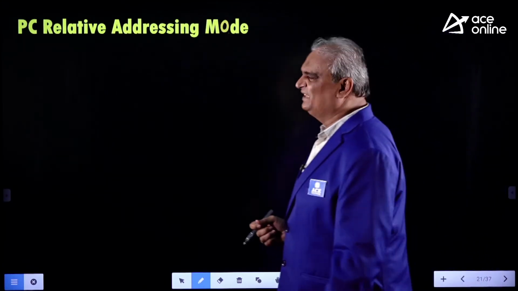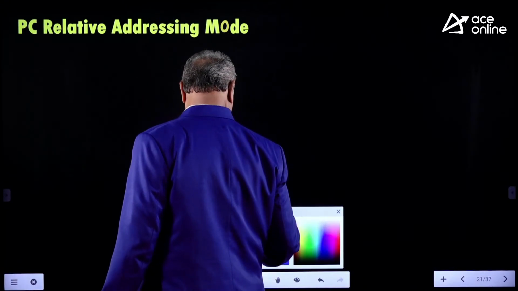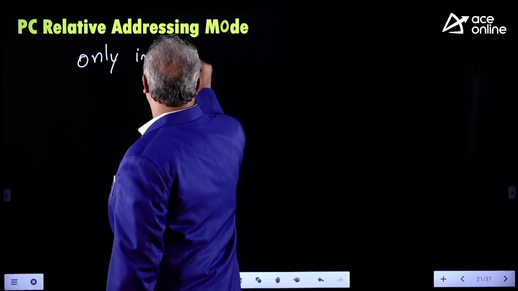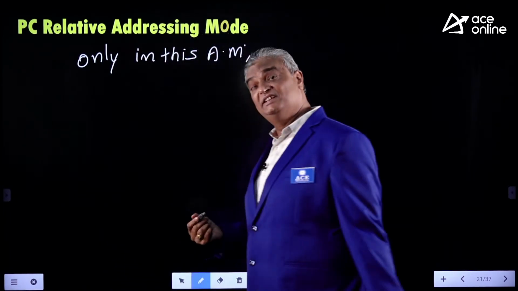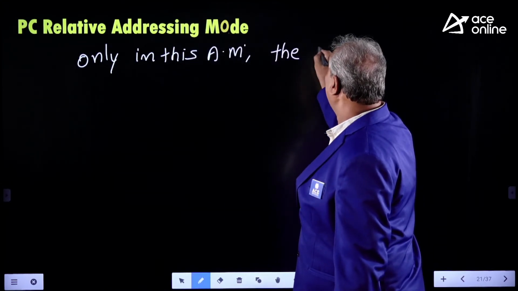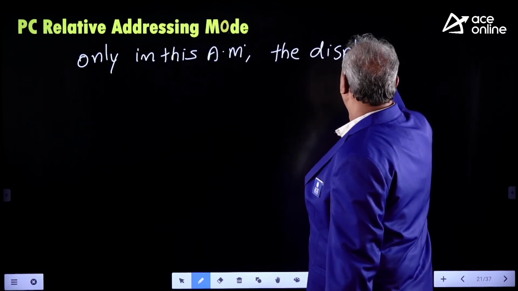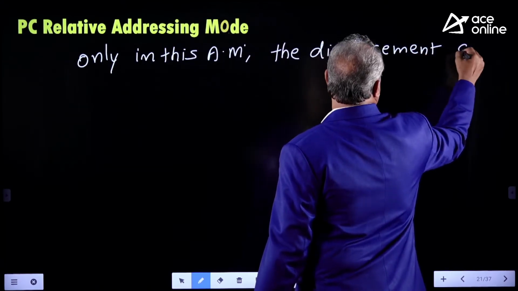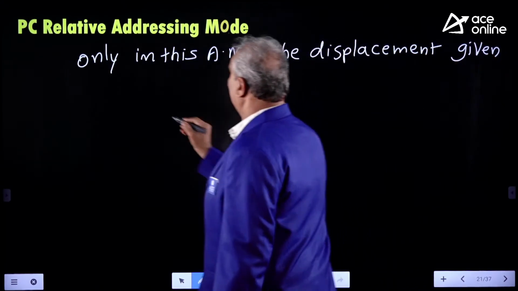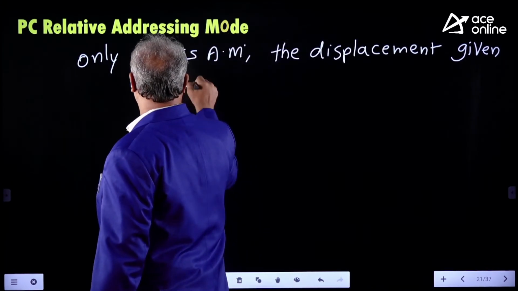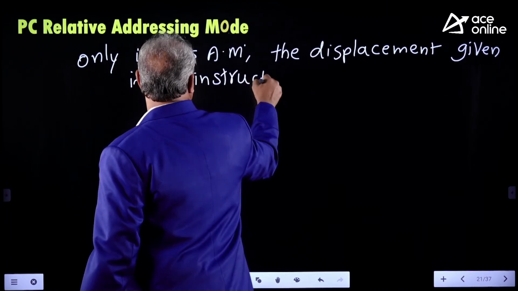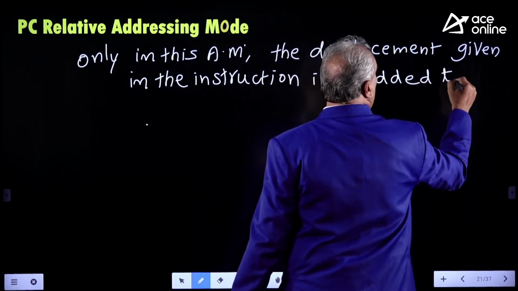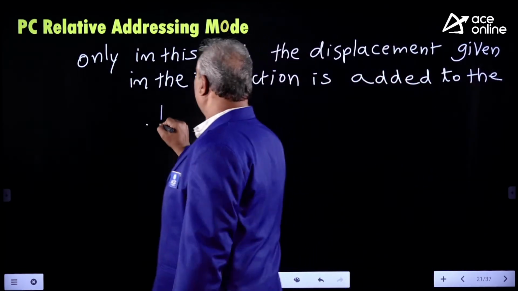PC relative addressing mode. It is very, very, very important. Only in this addressing mode, the displacement which is given in the instruction is added to the PC content.